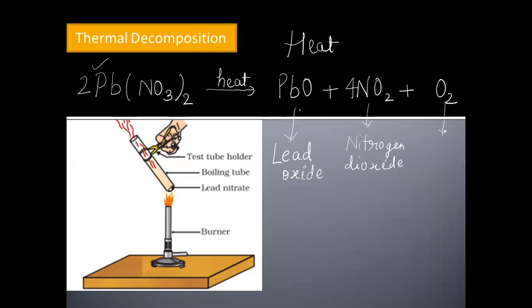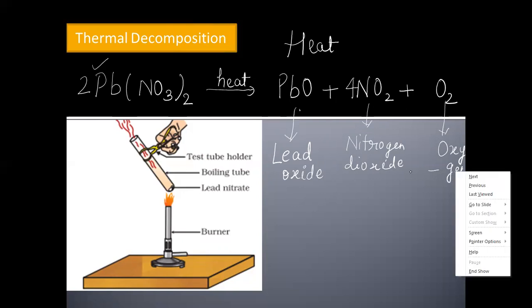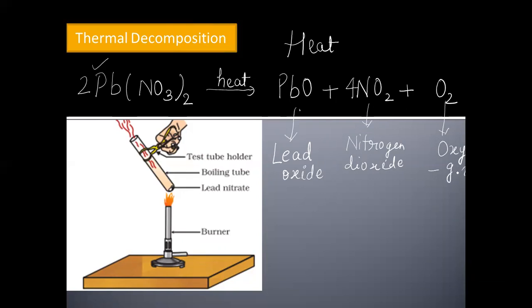While this is very well known, oxygen, the gas important for life, oxygen gas. Now, let me completely balance this one. I hope you understood how I balance this reaction by comparing the number of atoms at the left-hand side and the right-hand side.